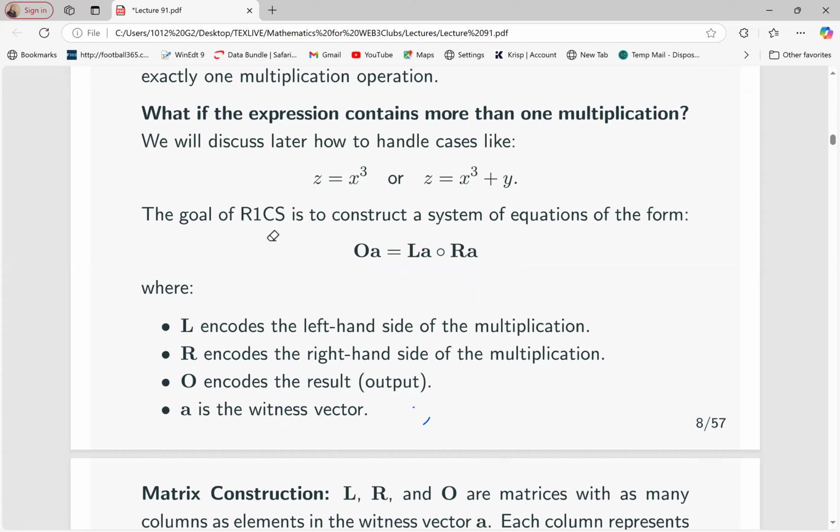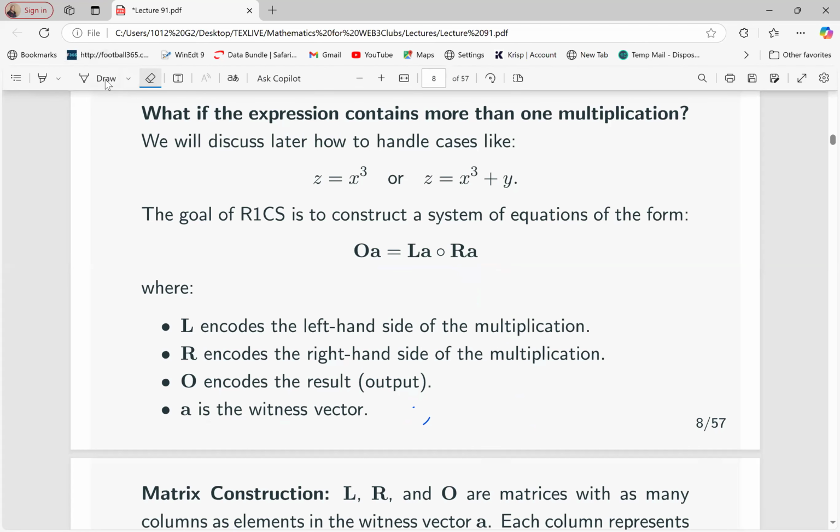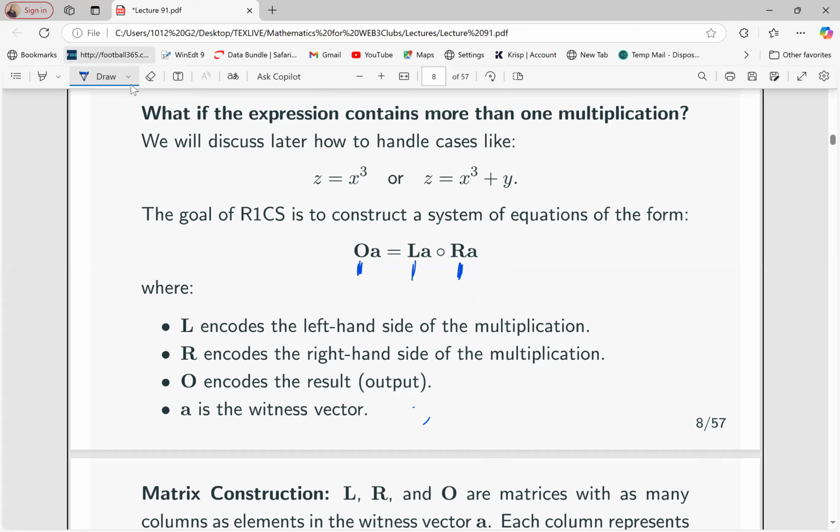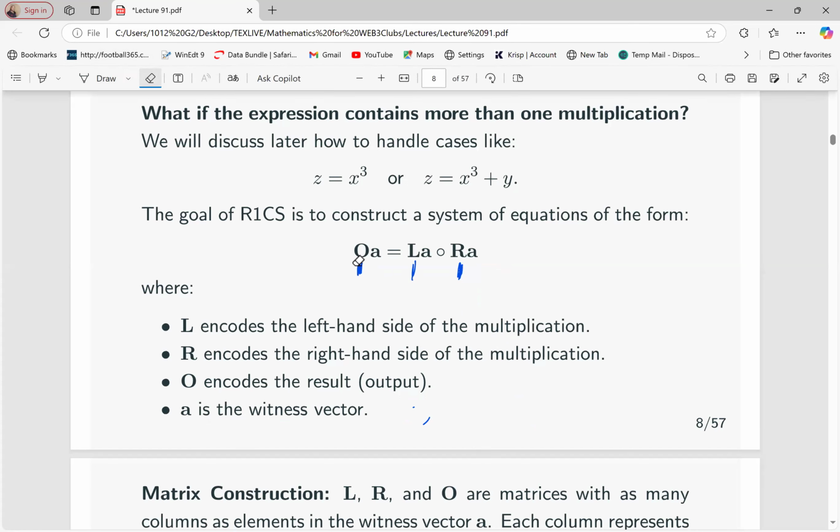Now, how do we construct our matrix for the left-hand side, the matrix for the right-hand side, and the matrix for the result? That is what we look at.